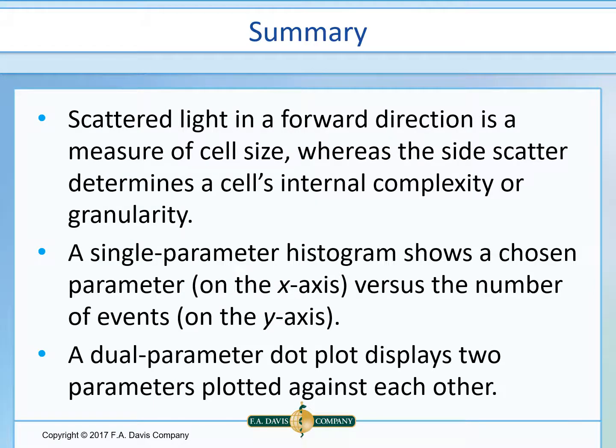The scattered light in a forward direction is the measure of the cell size, whereas the side scatter determines the internal complexity or granularity of a cell. A single parameter histogram shows a chosen parameter on the x-axis versus the number of events on the y-axis. A dual parameter dot plot displays two parameters plotted against each other.